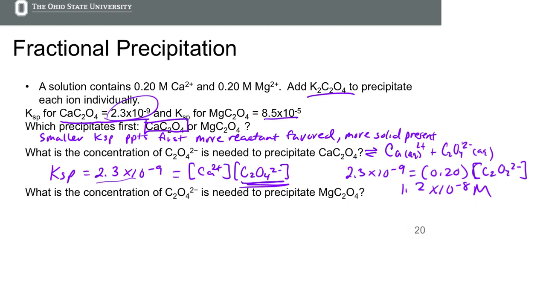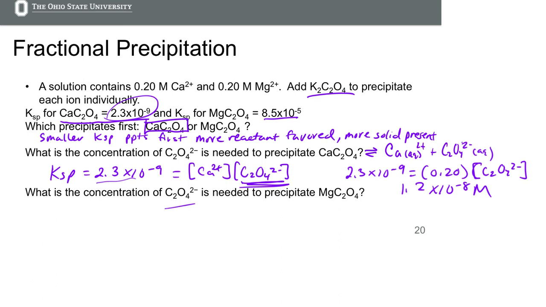If we add more oxalate, we're going to keep precipitating out calcium. Eventually, though, all that calcium is going to precipitate out of solution. We're going to only have magnesium. And so we want to figure out what concentration of oxalate is needed to precipitate out the magnesium.